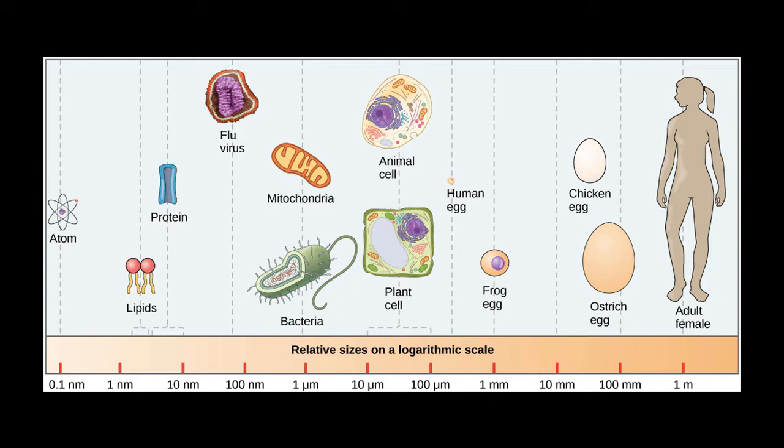We've skipped viruses for now, and we end up hitting the mitochondria, going through and looking at the size of the bacteria. Mitochondria are a membrane-bound organelle that you will find inside of a eukaryotic cell. That gives you some range about how small these organisms are going to be. You move on and you see that the animal cell and that plant cell, considered our eukaryotic cells, are going to be larger in size.